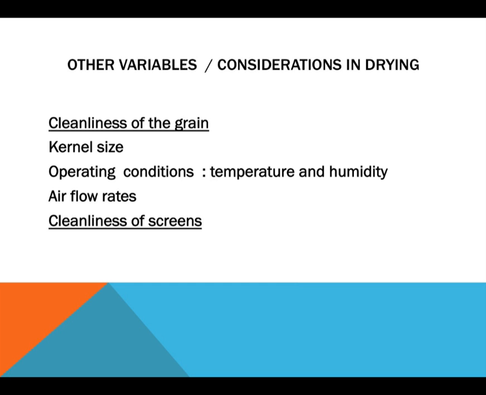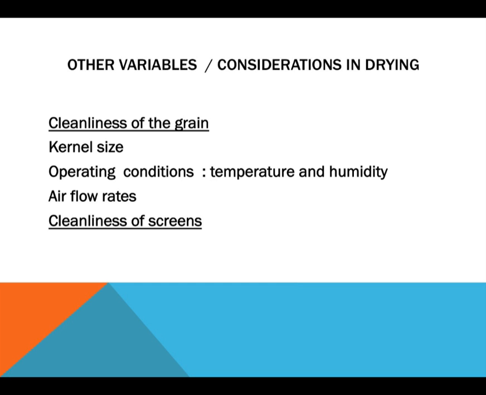Other variables to be considered during the drying process is the cleanliness of the grain. If you have the ability to clean the grain prior to it going into the dryer, you have an opportunity to do a better, more uniform drying process. Some facilities have installed scalpers where they scalp the grain to get off the large pieces that might plug up your screens and shifters in the dryer.